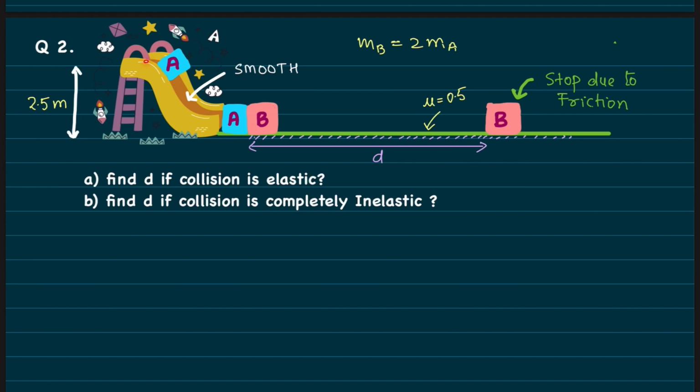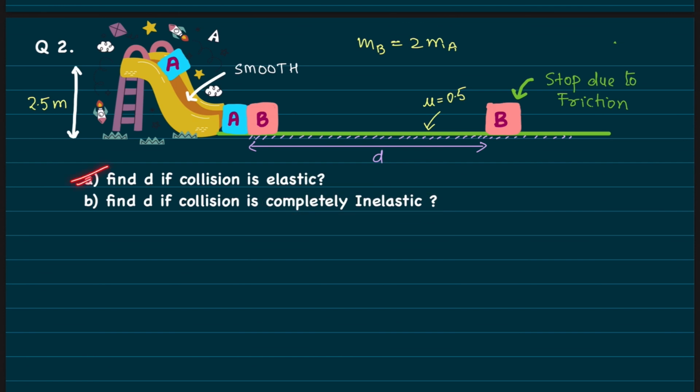So we have a slide. Initially, we have a block A, which is here at rest at a height of 2.5 meter. So it has potential energy, no kinetic energy. Then there is no friction. It is a smooth surface. So it slides down and collides with block B here. After collision, you have two situations: if the collision is elastic and if the collision is completely inelastic.